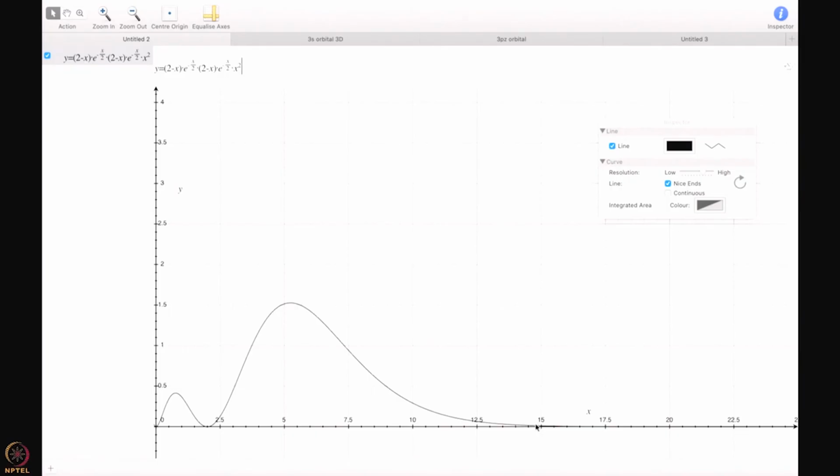Now, let us think like this. Let us say I take this radius of 15 angstrom. This is going to be 15 angstrom for hydrogen, right? Well, assuming Bohr radius to be 1 angstrom. It is not exactly 1 angstrom, so that factor will be there. So, let us say I go up to 15 angstrom somewhere here. So, probability of finding the electron inside a sphere of that radius will be how much? So, 99.999%.